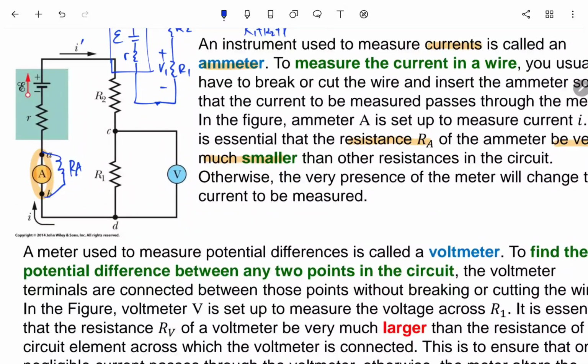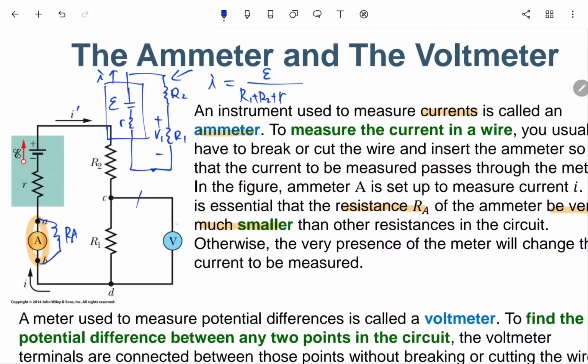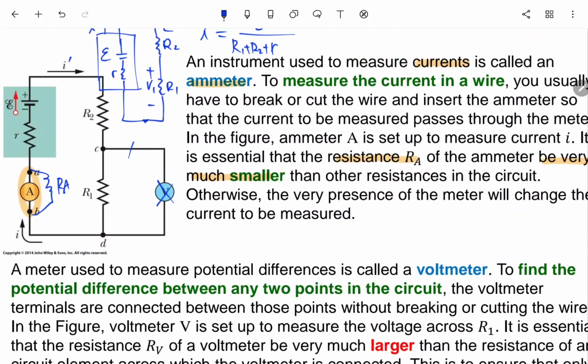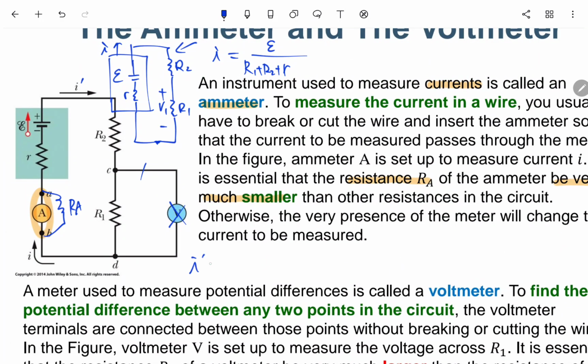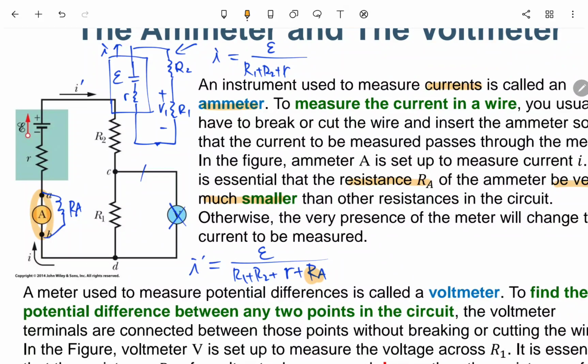First we just ignore the voltmeter at this moment. In that case, this I prime will be E over R1 plus R2 plus small r plus RA. If this RA is not small enough, it will reduce the current.